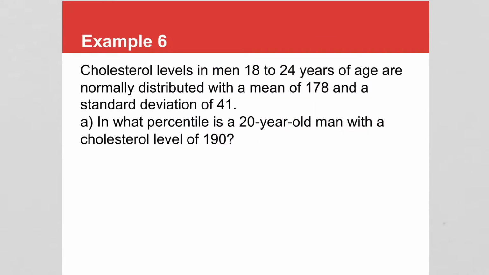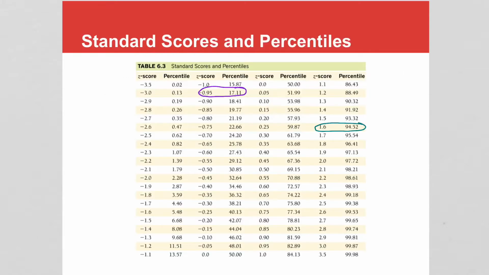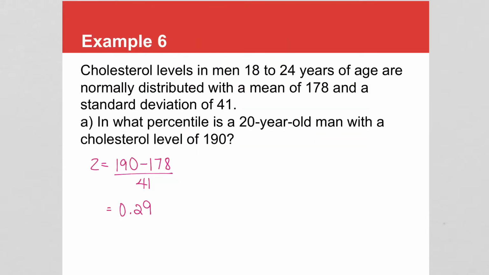Example 6 says cholesterol levels in men 18 to 24 years of age are normally distributed with a mean of 178 and a standard deviation of 41. In what percentile is a 20-year-old man with a cholesterol level of 190? So we find the z-score first, taking 190 minus our mean divided by the standard deviation. We get about 0.29. So we go back here, and I think there's a 0.3 on here. Yep. 61.79.